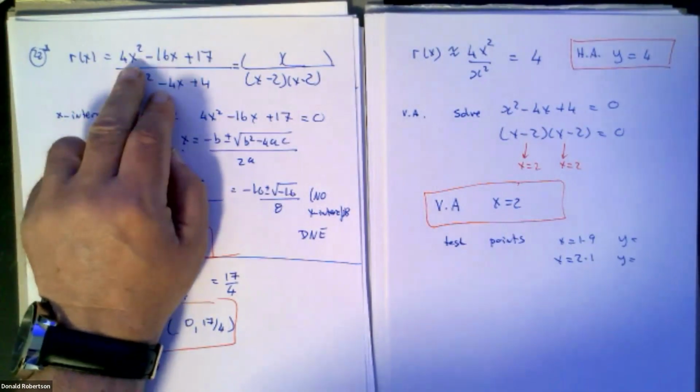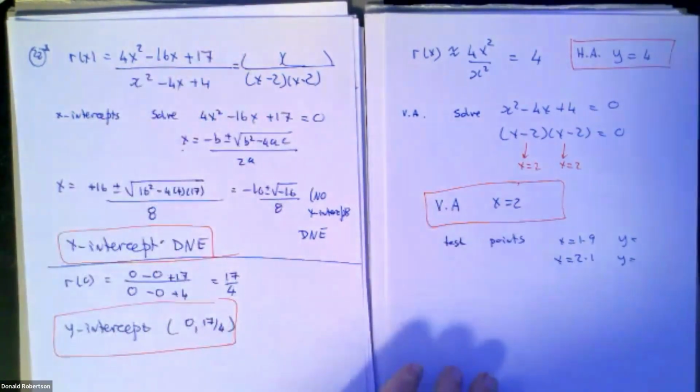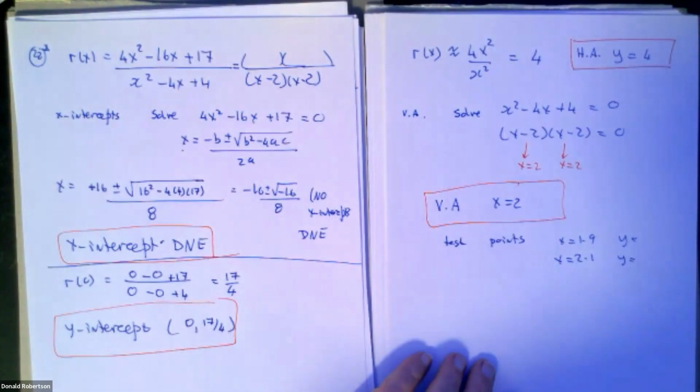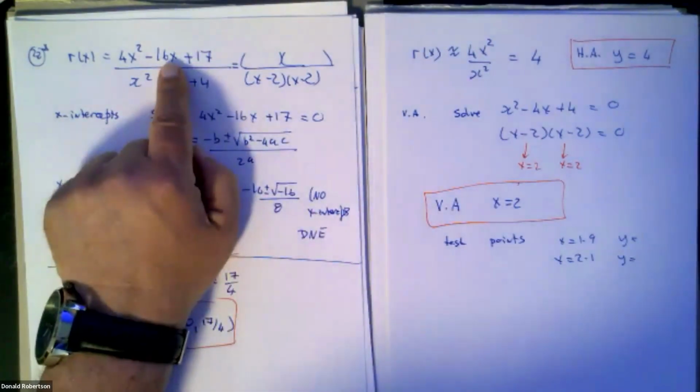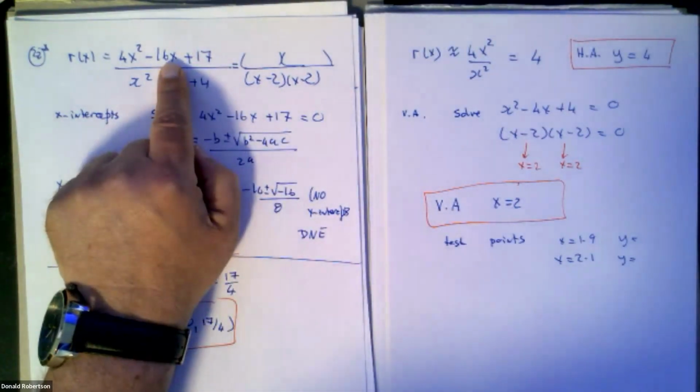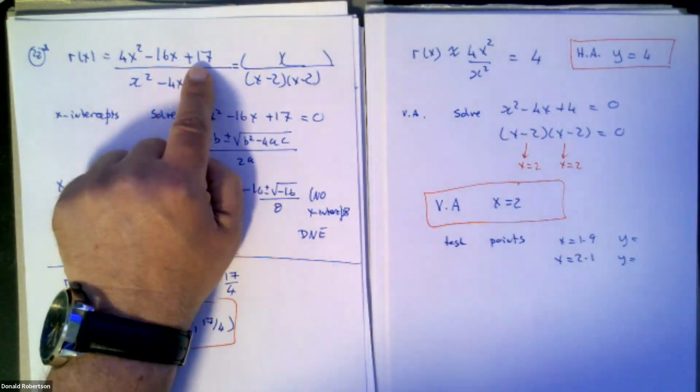So although you can't see it, this is what I'm writing down. I'm doing 4 times 1.9 squared, take away 16 1.9s, then I'm going to add 17. Now let me just show you me doing that. You might as well see me hit the buttons.